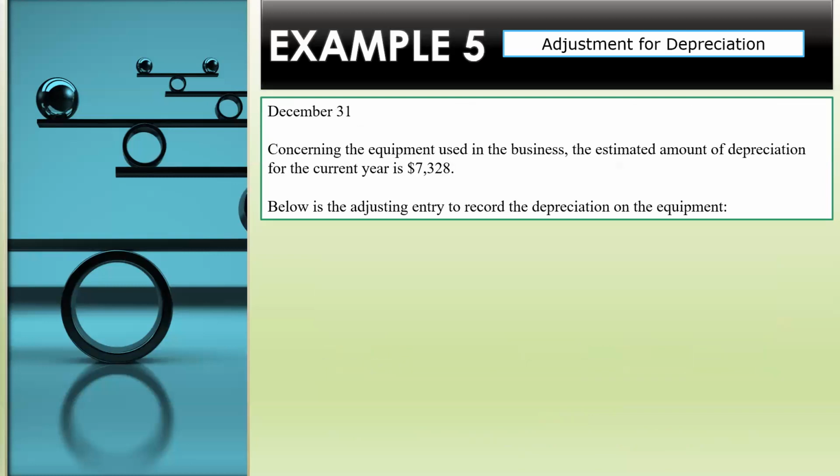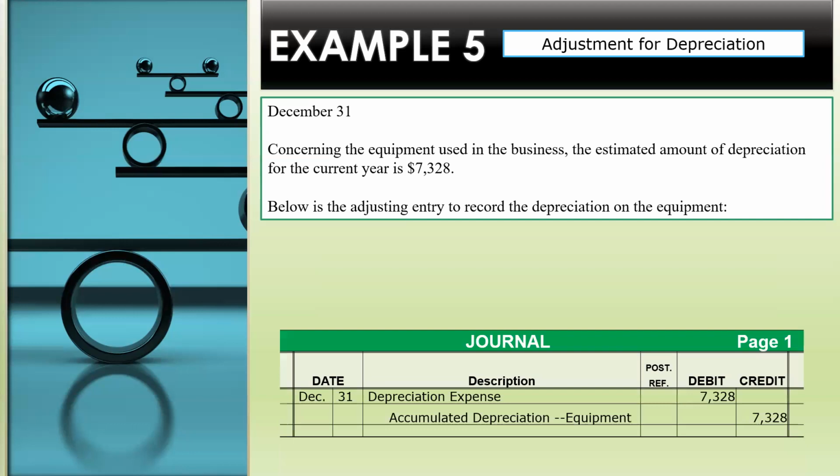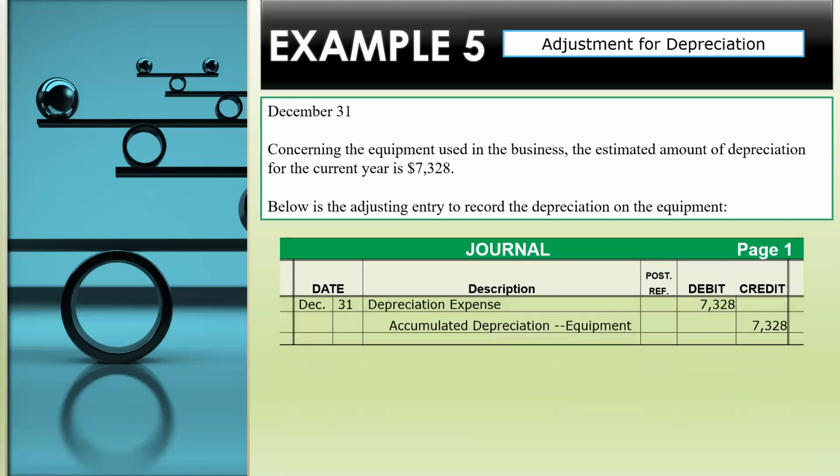One more example. This is an adjustment for depreciation, December 31st. Concerning the equipment used in the business, the estimated amount of depreciation for the current year is $7,328. Below is the adjusting entry to record the depreciation on the equipment.